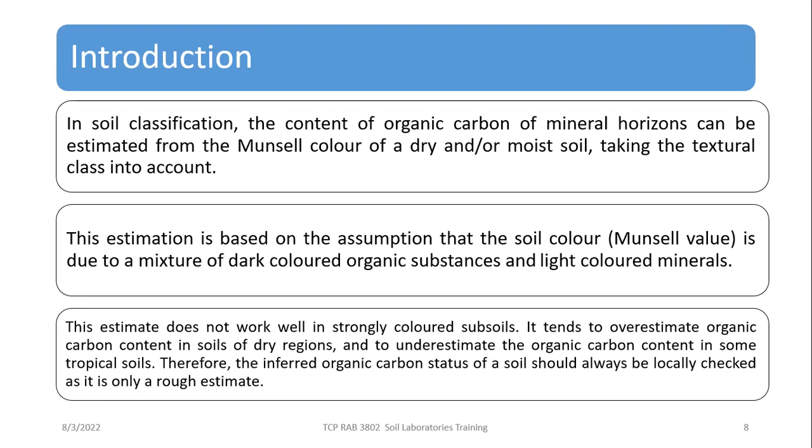In general, hue is the dominant color. When you say this soil is red, this is hue, and the other one is, for example, black or blue. You identify the hue.